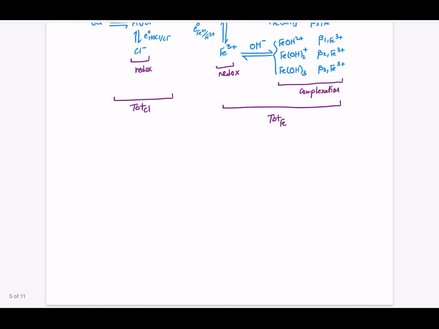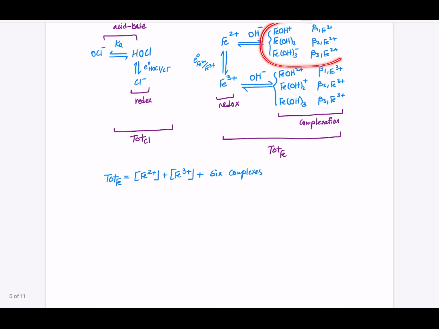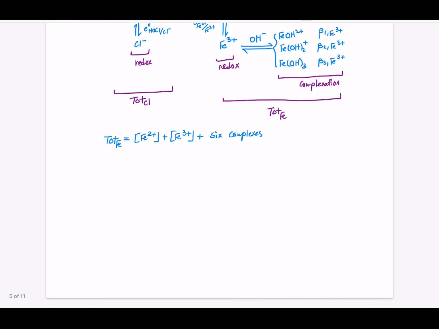So now that they are independent, we could proceed with, for example, total Fe. We know this would be Fe2 plus Fe3 plus, I'm not going to write all the 6 complexes, just say 6 complexes, which you know what are those 6, 3 here and 3 here.